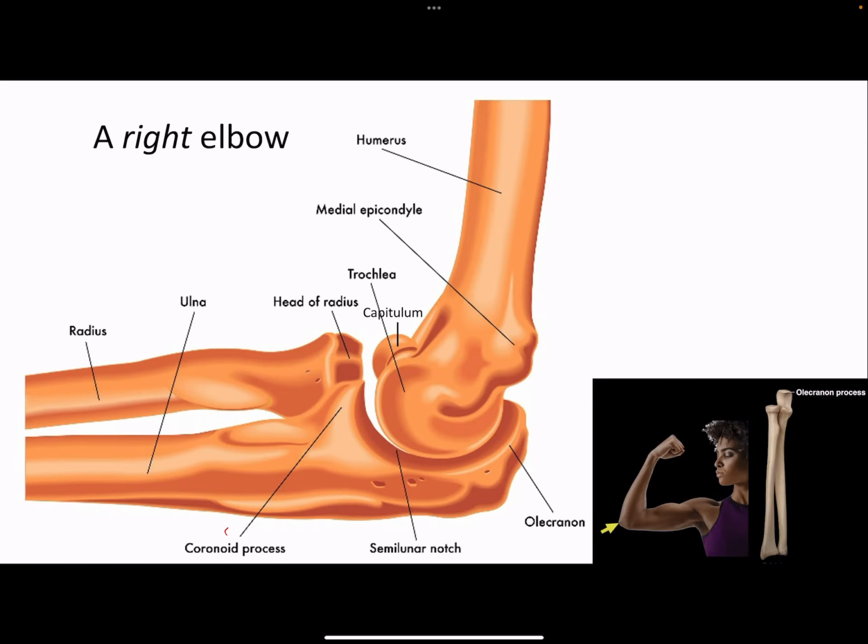Again, we have the coronoid process on the anterior of the ulna, and the olecranon is going to be on the posterior. That's the pointy, sticky-outy thing when you rest your elbows on the table. That is the olecranon that you are resting on the table. It fits into the semilunar notch of the humerus. Technically, it connects to the trochlea over here, and then the radius is going to connect to the capitulum.